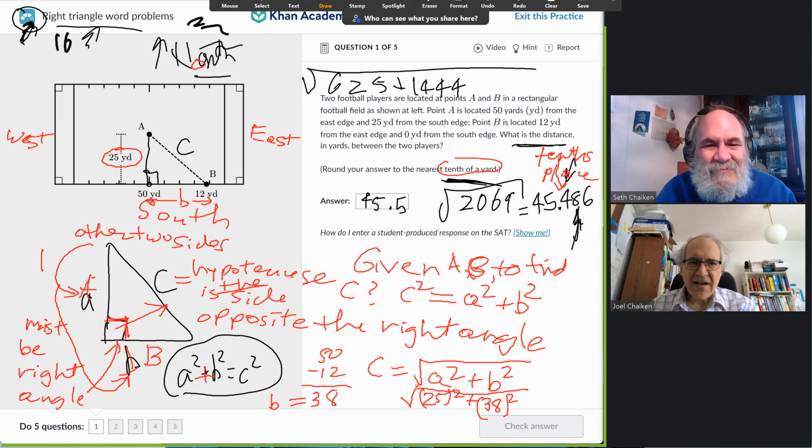And that's about it. It's clearly a calculator question. You have to be really careful not to use 12 or 50 as the b. It's very dangerous there. Well, it's not dangerous, it's mathematically wrong.